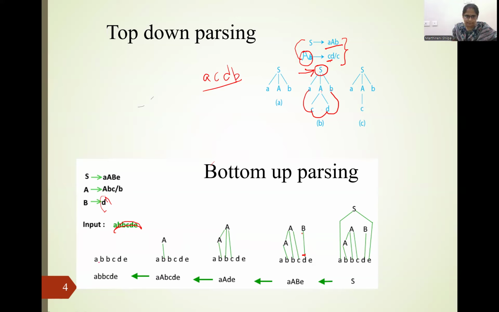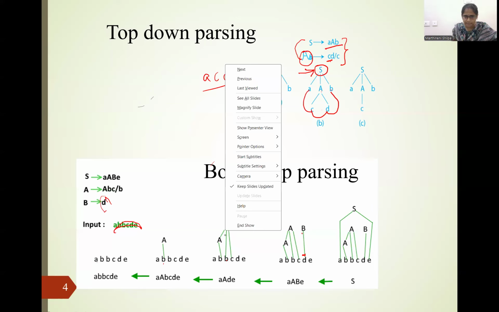Or we can say, let us take A as a terminal. Directly A is not produced by any non-terminal here. So B is produced by this A. Here A is a non-terminal and it is producing B. So B is reduced to A. And then again B is reduced to A in the next step.